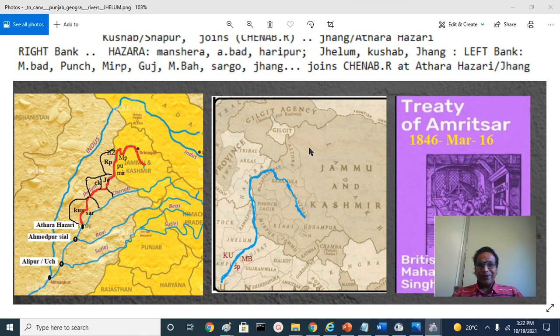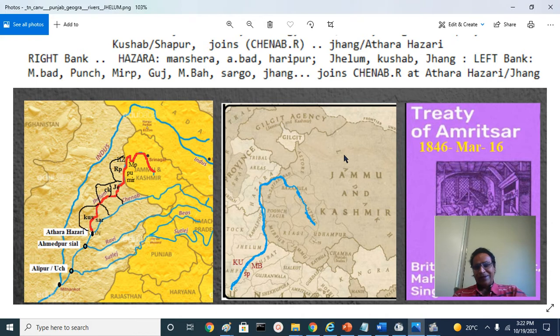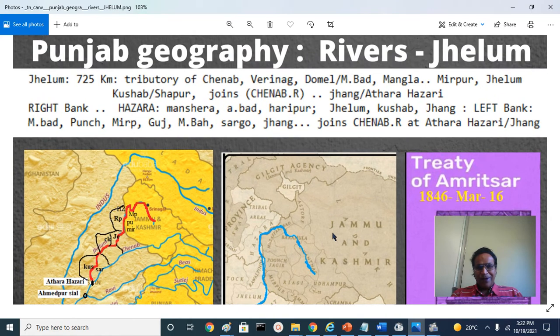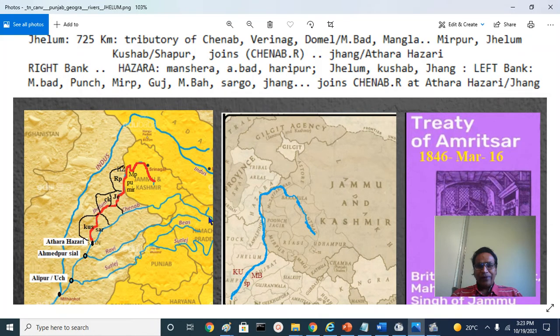That's what we are going to talk in the next few minutes in this fascinating presentation about the great river JHELUM, which is a tributary of River Chenab.